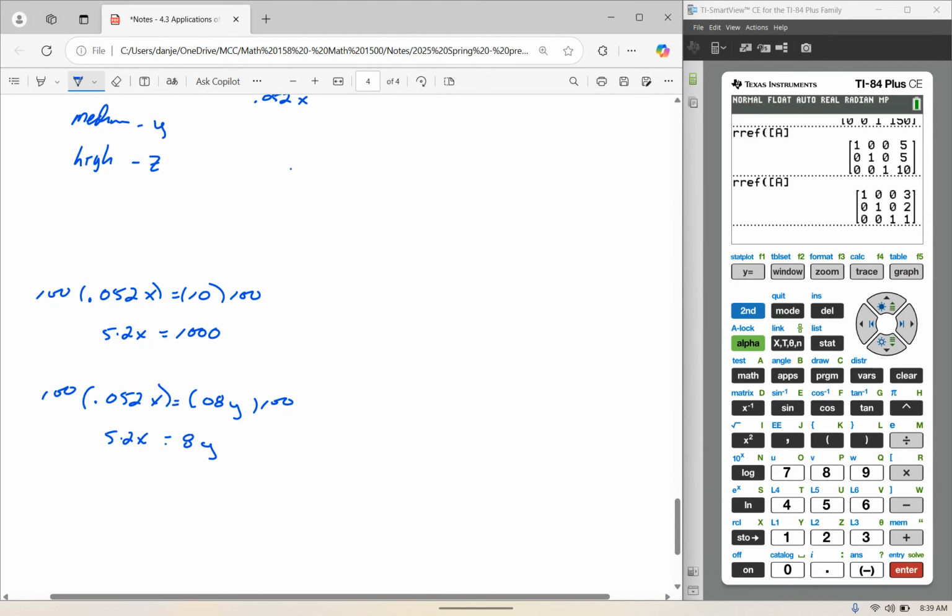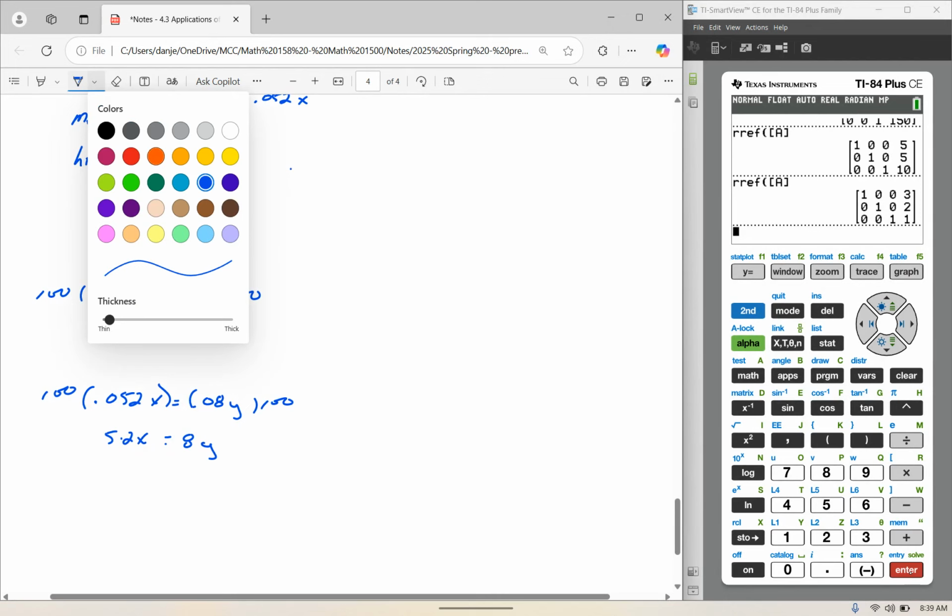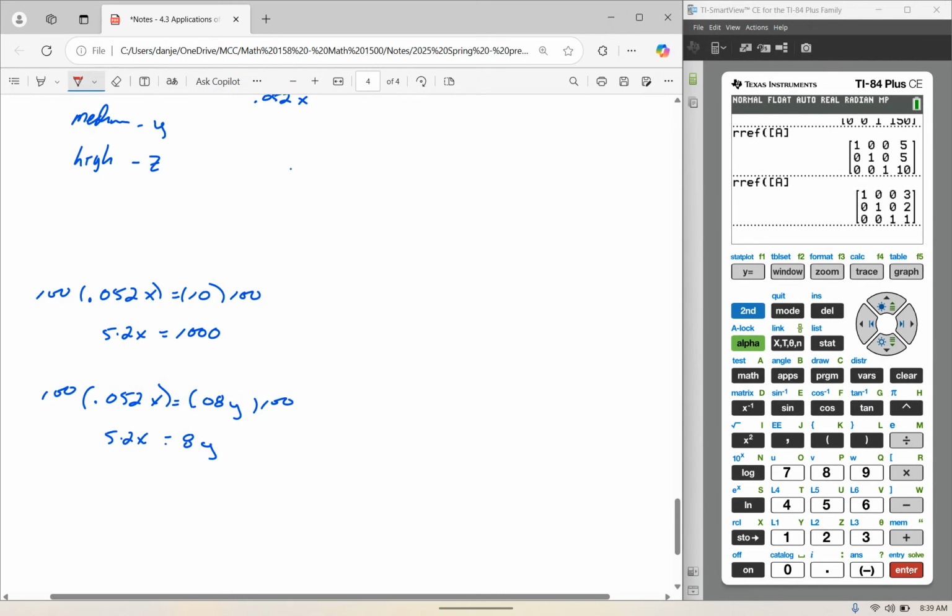I guess what I really want you to see is that 5.2% as a decimal is 0.052. But if I have 8%, 0.08 on the other side, I can multiply both sides by 100 and use 5.2 or 8, and it's not going to make a difference mathematically.